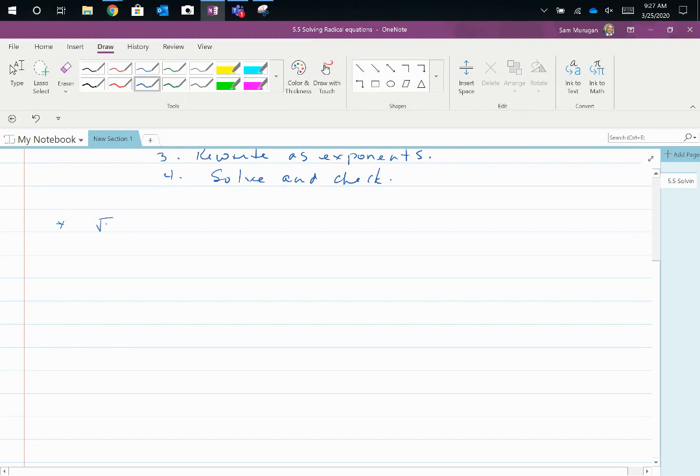The square root of x is equal to 8. If we raise both sides to the power 2, because the square root is the root 2, we get x is equal to 64. And you can check it. The square root of 64 is equal to 8, so 8 is equal to 8.